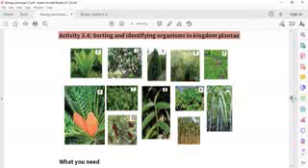Specimen 2, we agreed is a mango. Specimen 4 is papyrus. 8 is wandering Jew. What do you say 9 is? Water cabbage. Very good. Then 10 was sugar cane. 12 was eucalyptus.